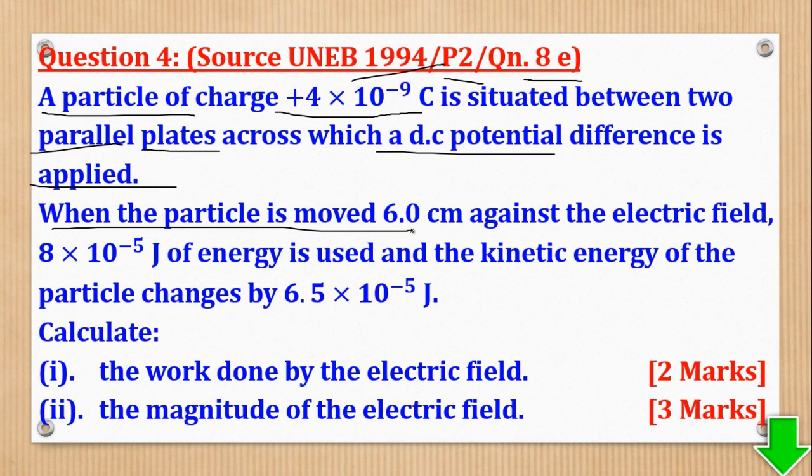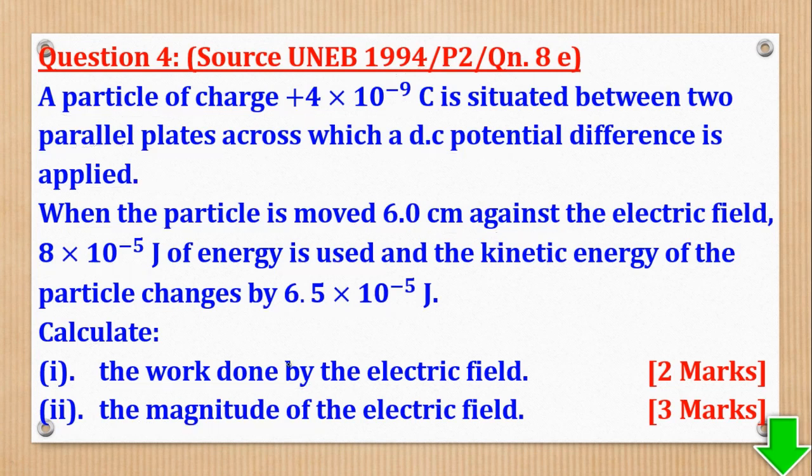When the particle is moved 6 centimeters against the electric field, this work done, 8 exponent negative 5 joules of energy is used, and kinetic energy of the particle changes by this. Calculate Roman 1 the work done by the electric field, and Roman 2 the magnitude of the electric field.